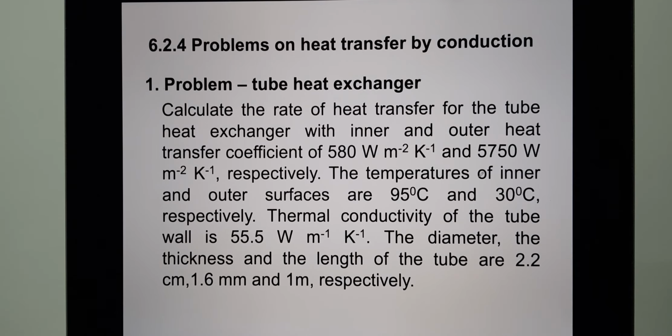The temperatures of inner and outer surfaces are 95 degrees Celsius and 30 degrees Celsius respectively. Thermal conductivity of the tube wall is 55.5 watt per meter Kelvin. The diameter, the thickness and the length of the tube are 2.2 cm, 1.6 mm and 1 meter respectively.